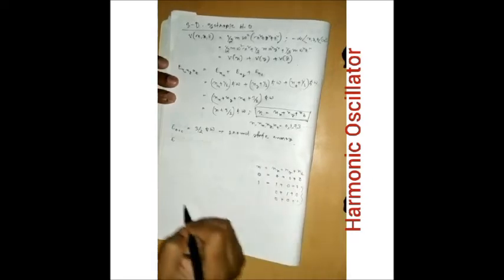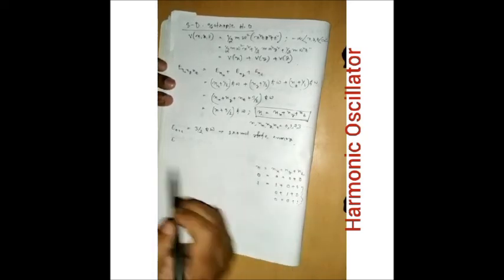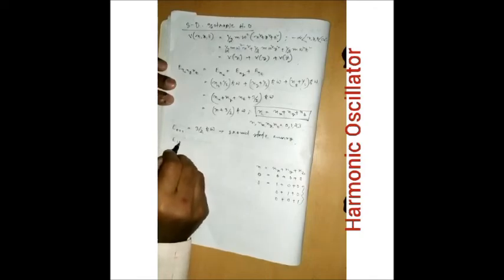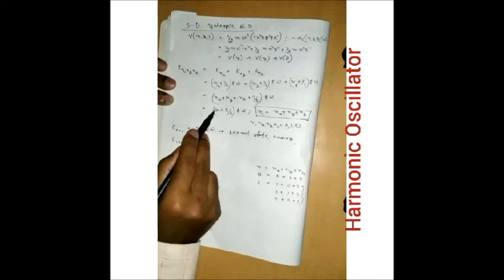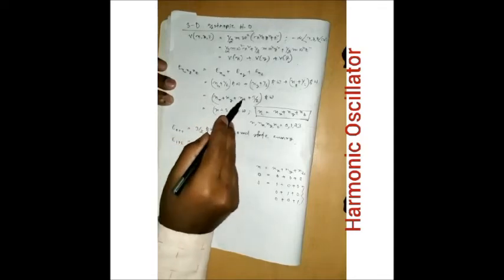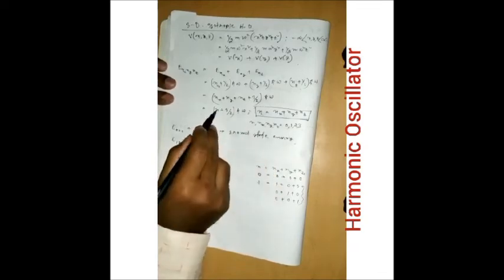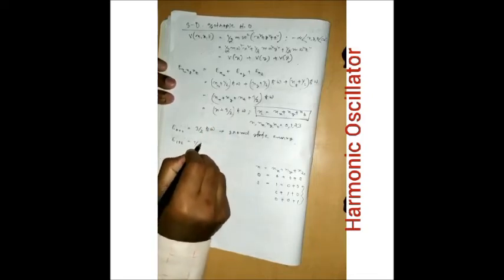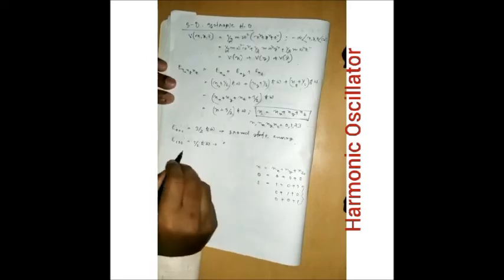So these three combinations are possible to get 1 using this relation. Now let us take the first case, 1 0 0. Simply put n equal to 1, or nx equal to 1 and the rest ny and nz equal to 0, you will get 1 plus 3 by 2, that is 5 by 2 h-bar omega. So this is called the first excited state energy.